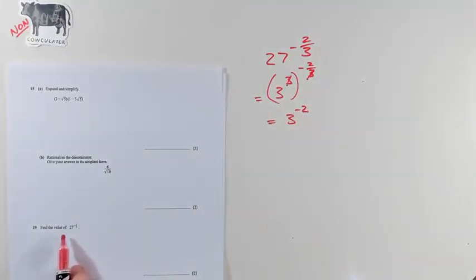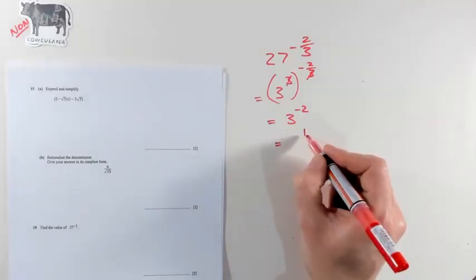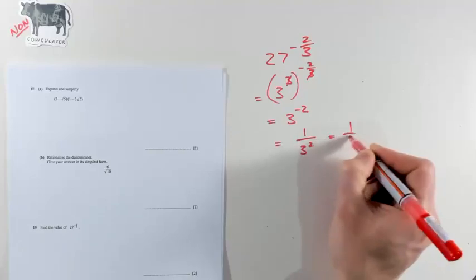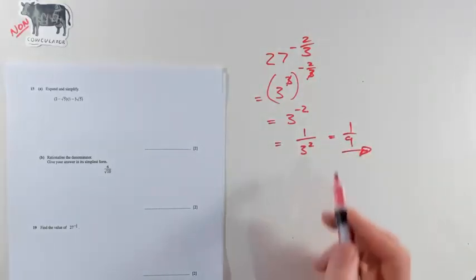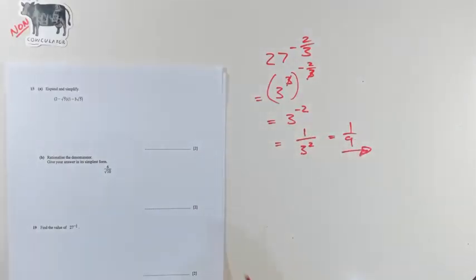They just said find the value. So this is now 1 over 3 squared, which is just a 9th. I believe that would be good enough for them. I wouldn't really leave it as a negative index. So 1 over 9, that should be fine.